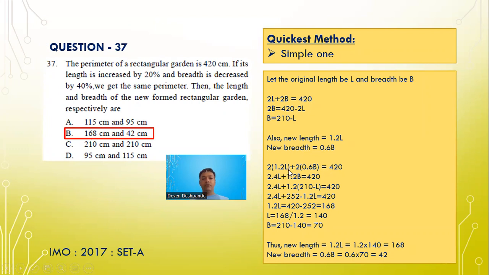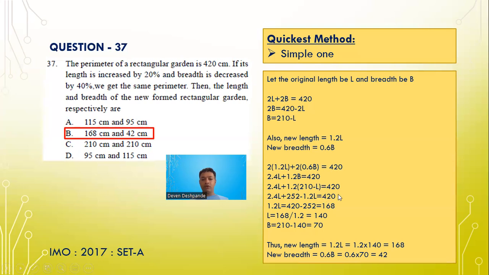So 2 times 1.2 L is 2.4 L, plus 2 times 0.6 B is 1.2 B, which is 420. What is B? B is 210 minus L. So 2.4 L plus 1.2 into (210 minus L) is 420. So 2.4 L plus 1.2 into 210 is 252 minus 1.2 L.